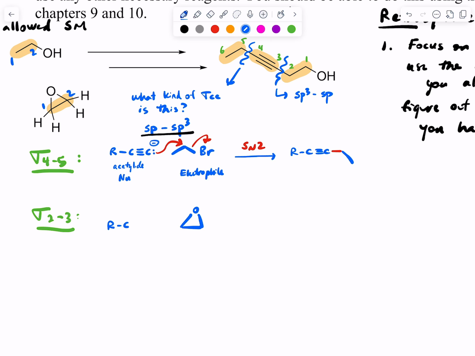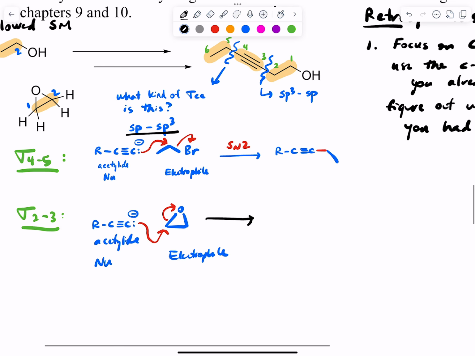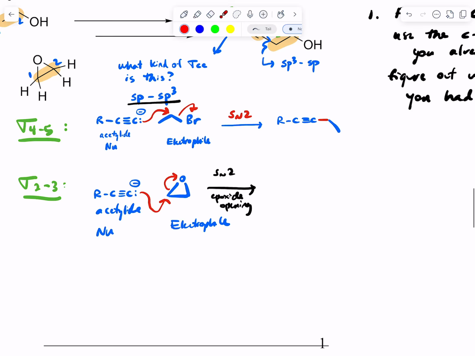So you're thinking if I had an acetylide ion like this, and I use that as my nucleophile, and then the epoxide as an electrophile, that's an SN2 epoxide opening. That's a reaction that we've done before. You may not have thought to use an alkyne before to open up an epoxide, but that works.